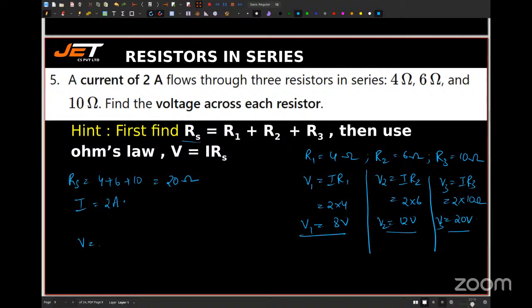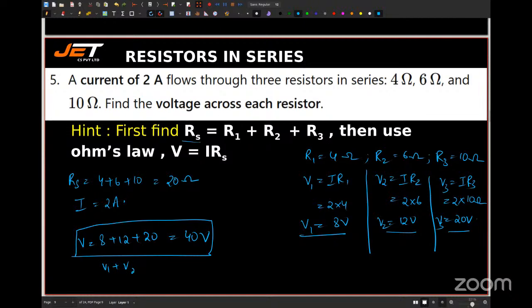We can simply write V is equal to V1 plus V2 plus V3. So it will be 8 plus 12 plus 20, which is equal to 40 volts. So this can be derived like this as V1 plus V2 plus V3, that is V total.